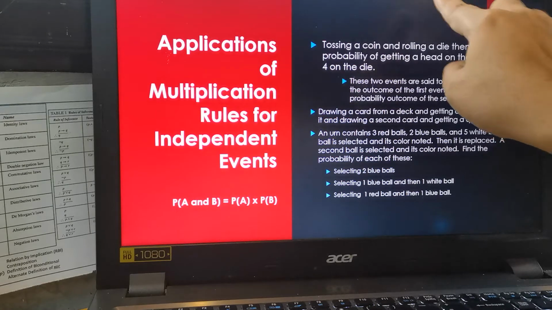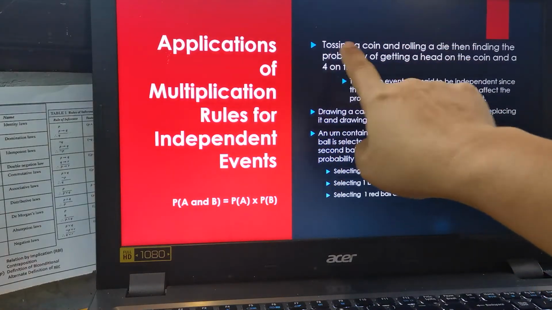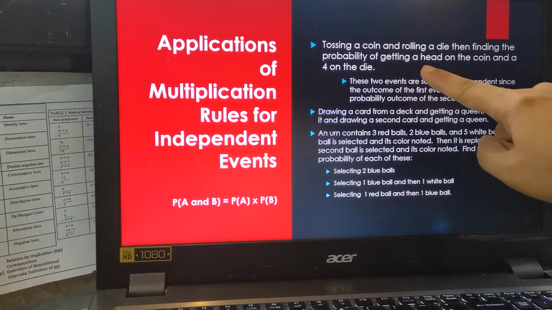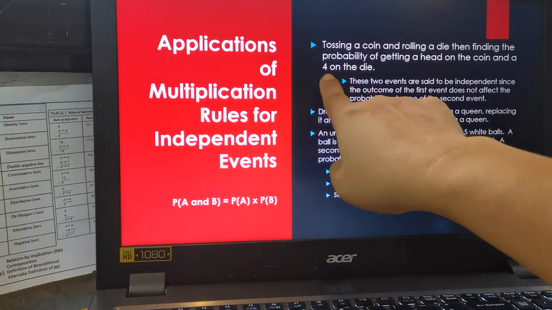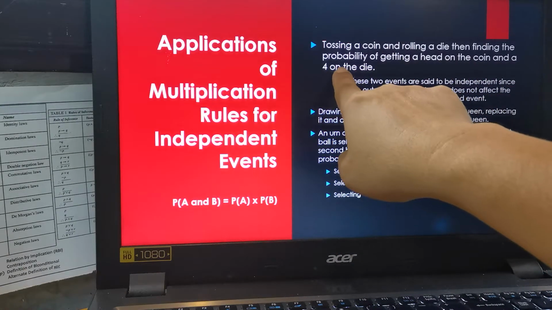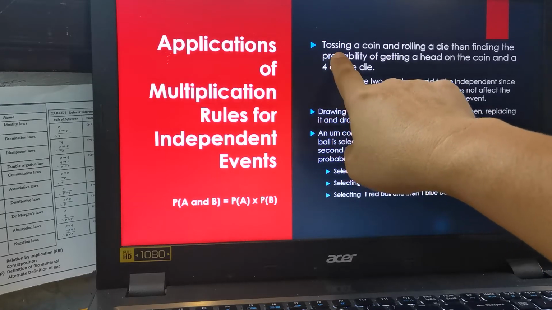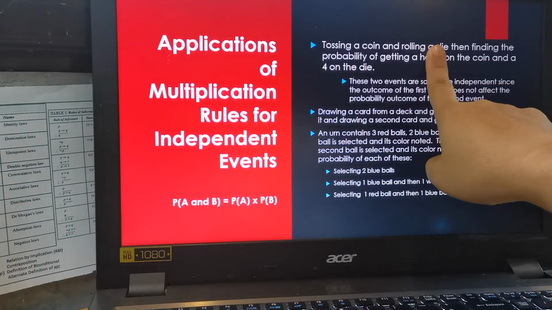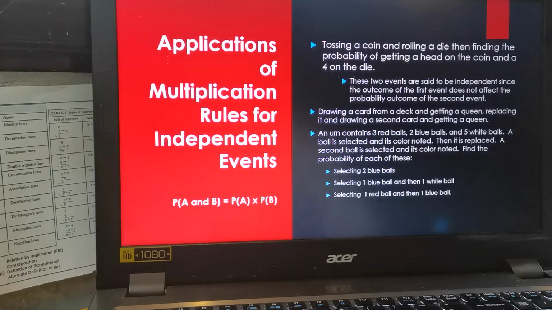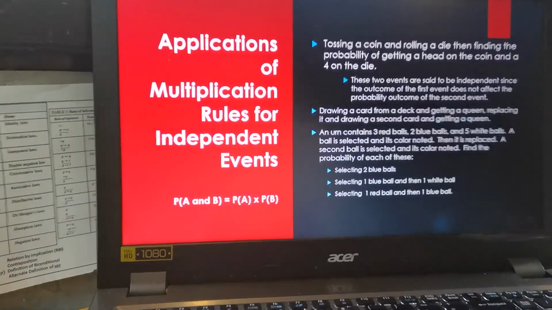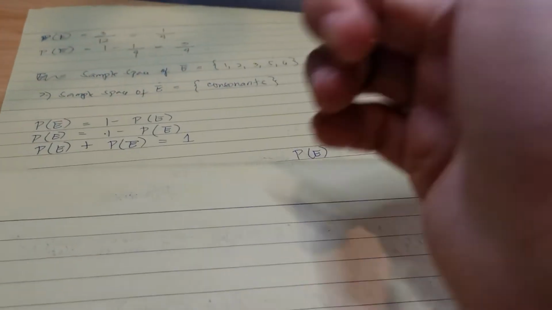So, yung outcome dun sa tossing a coin cannot affect yung outcome doon sa rolling a die. Okay? So, yung tossing a coin, hindi niya maapektuhan yung rolling a die. Okay? So, gagawa tayo ng tree diagram para makita natin yung mga possible na outcome.